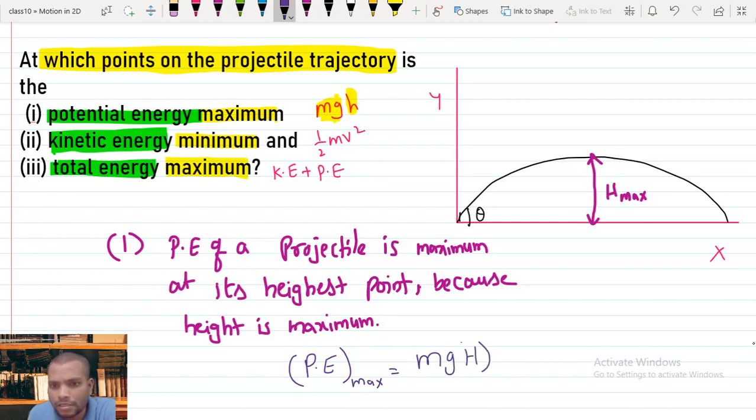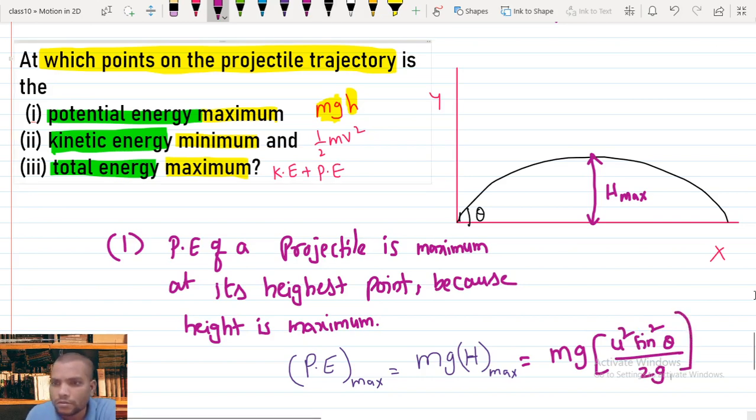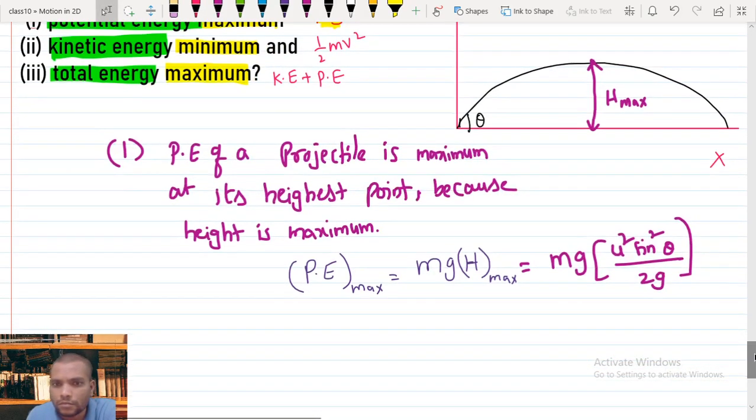I can use capital H here, no need to worry, because all along I am using capital H for the maximum height. Now remember the formula for H max, the maximum height: u square sin square theta upon 2g. So mg times u square sin square theta upon 2g.